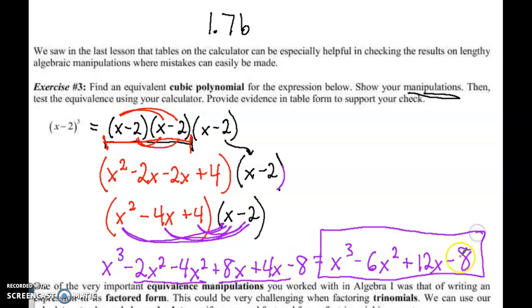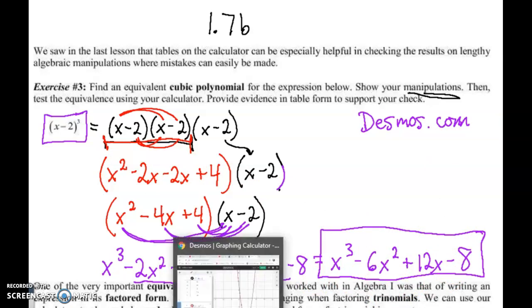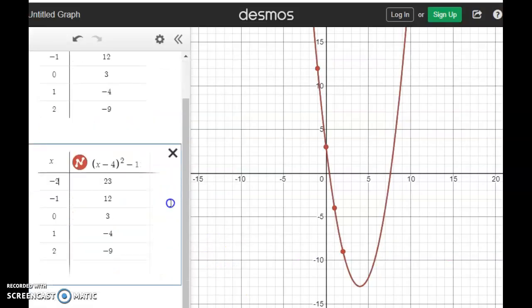If I did this correctly, I can graph the original function in Desmos. Remember, I'm using Desmos, not using a graphing calculator. And then I'm going to graph my new answer, and we should be looking for something to make sure that they are equal.